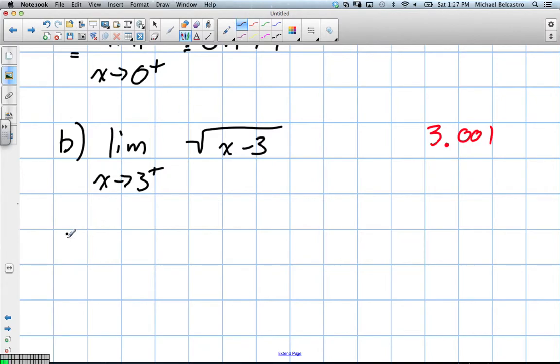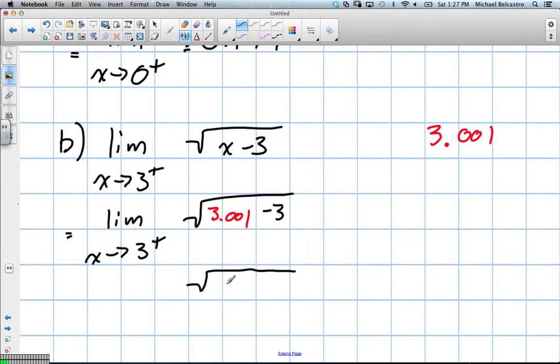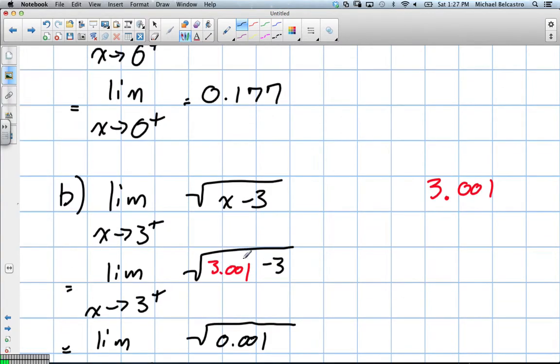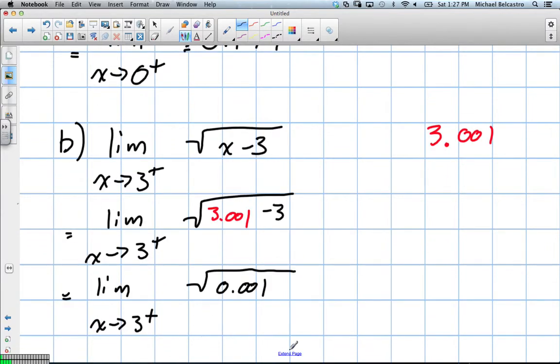In the first one, the limit as x approaches 3 from the right, when x is 3.001, this value ends up being the square root of 0.001. We know what that is, we've solved it in the last question. Technically we do have to keep writing the limit out.